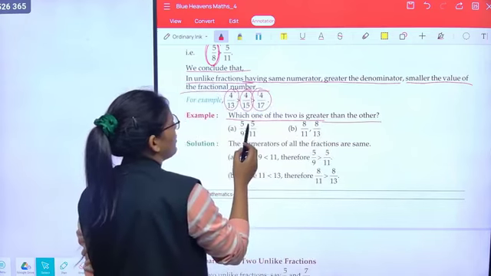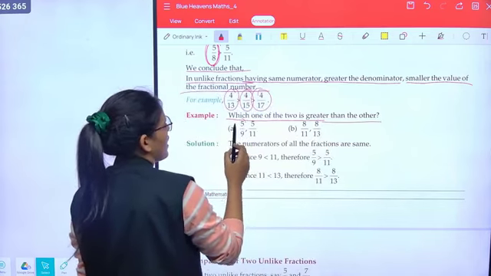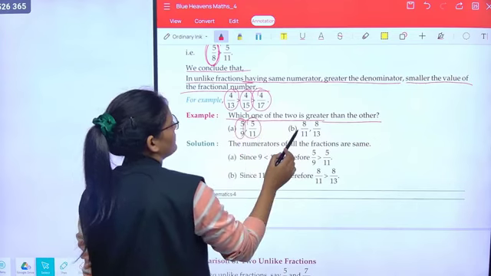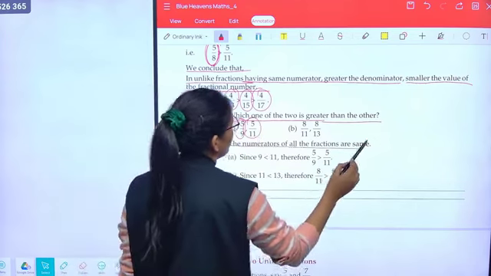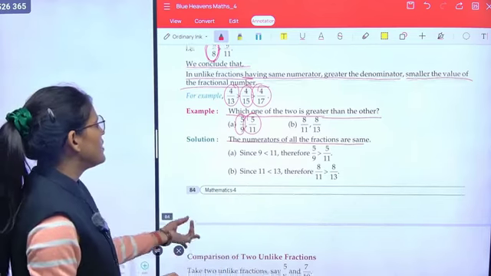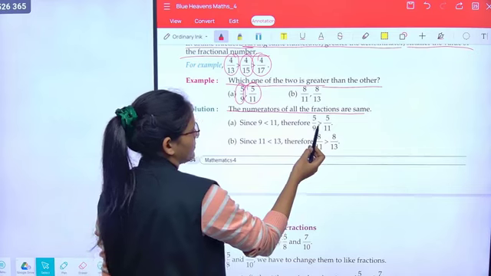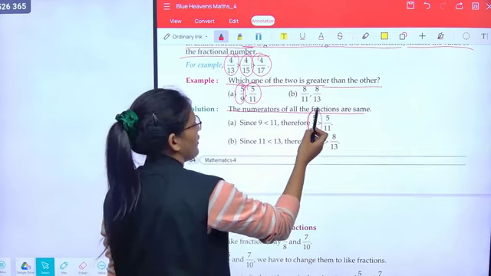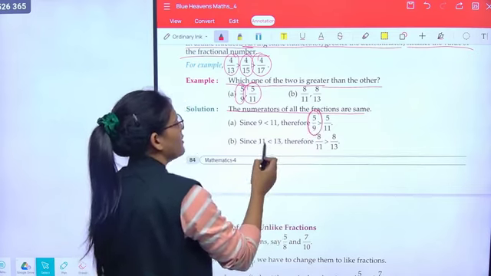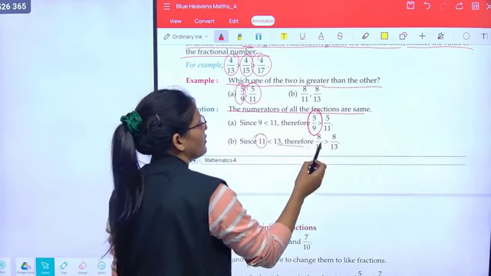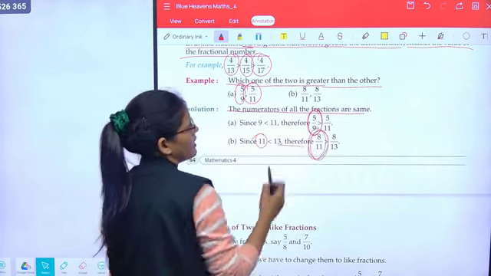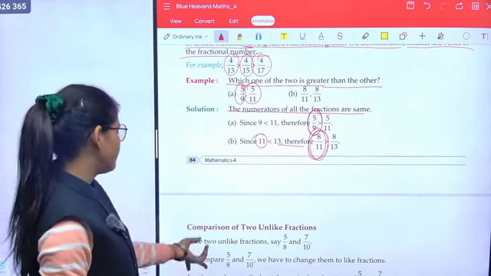Now 5 upon 9, 5 upon 11. The numerators of all the fractions are the same. Since 9 is smaller than 11, therefore 5 upon 9 is greater than 5 upon 11. Again 11 is less than 13, therefore 8 upon 11 is greater than 8 upon 13.